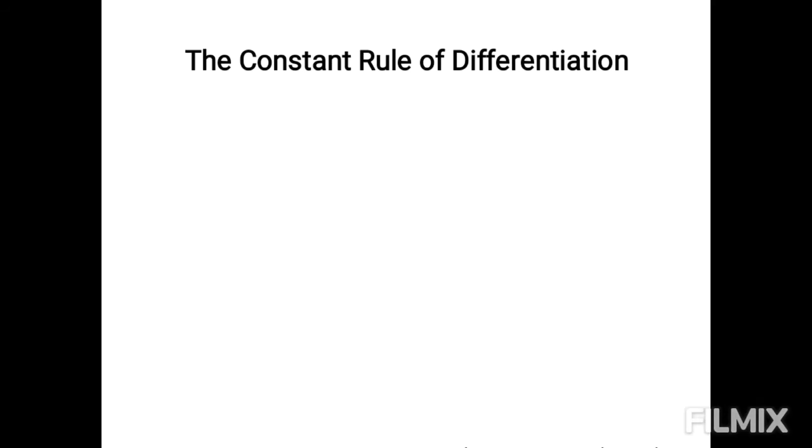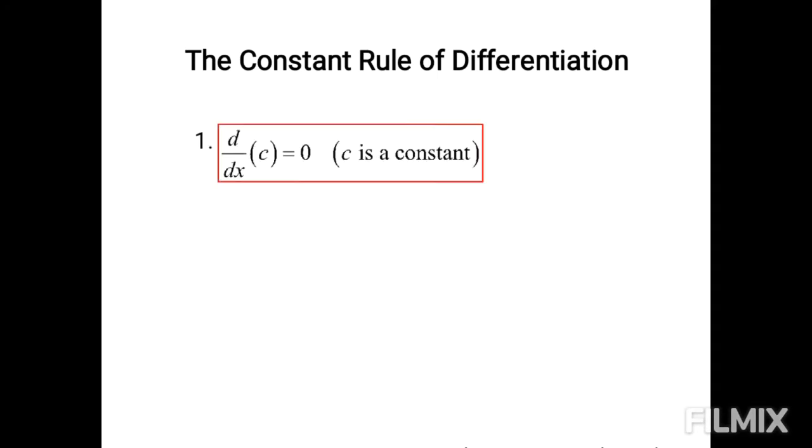Now we have our first rule, the constant rule of differentiation. How does it work? If c is a constant, any real number, then the derivative of a constant will always equal 0.